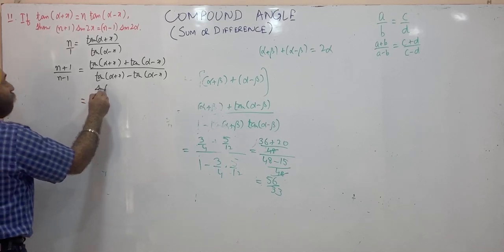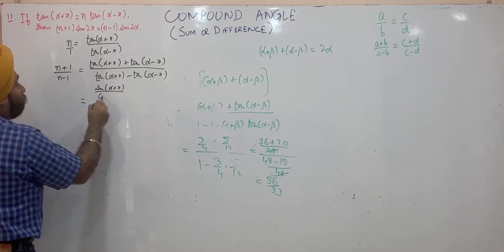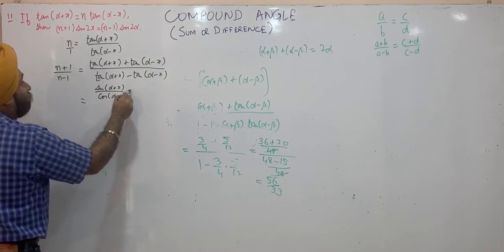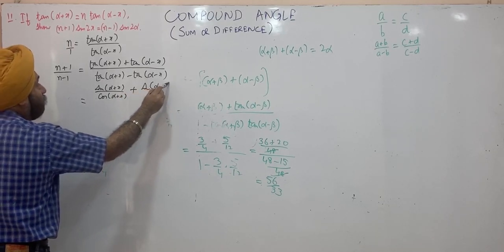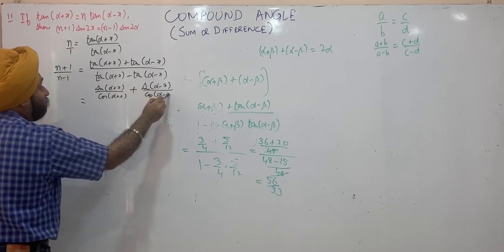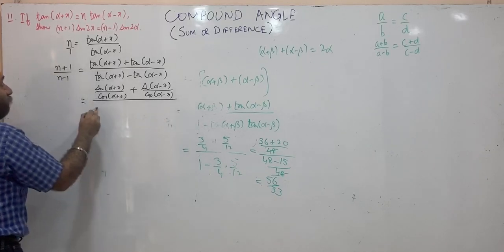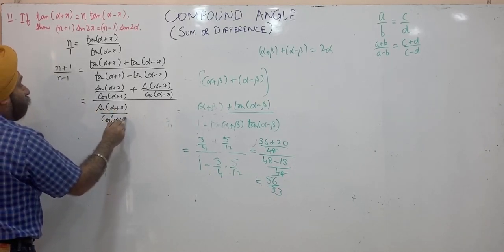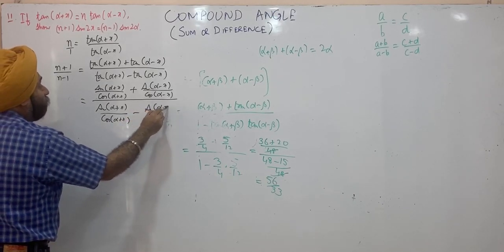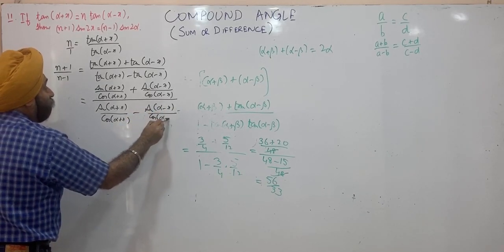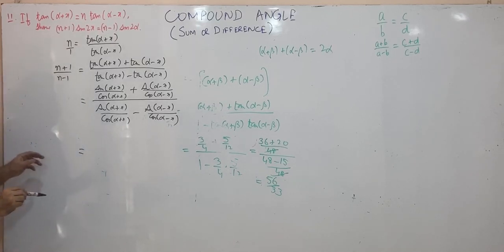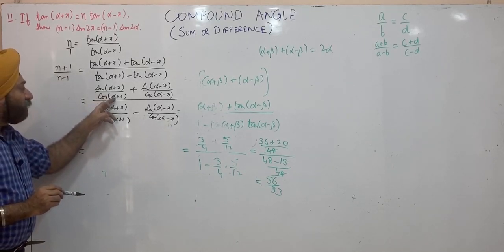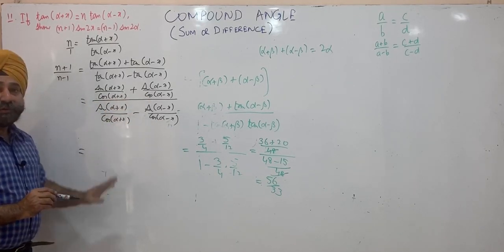This is sin of alpha plus x upon cos of alpha plus x. This is sin of alpha minus x upon cos of alpha minus x. Similarly in the denominator, there is a minus sign here. Taking the LCM, cos into cos, cos into cos will cancel out.